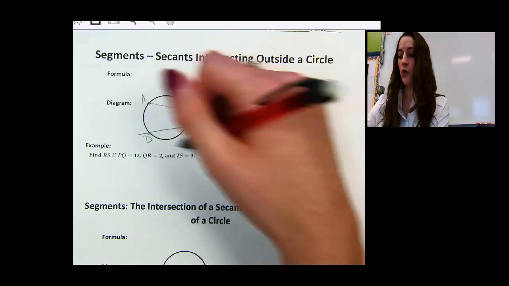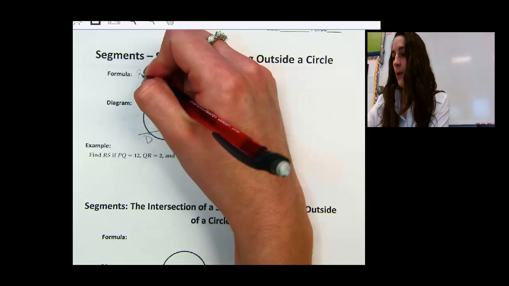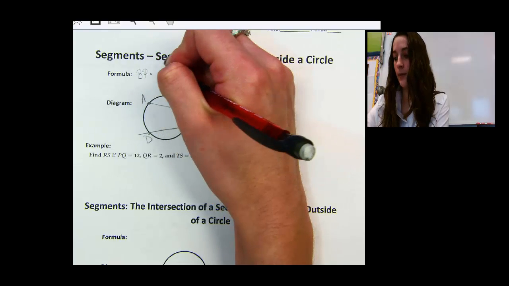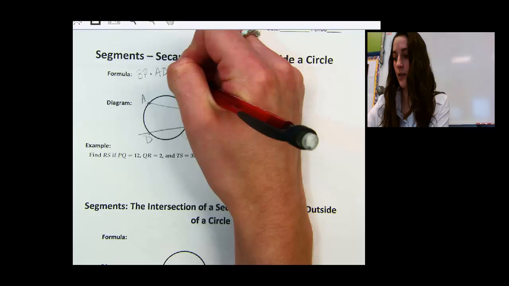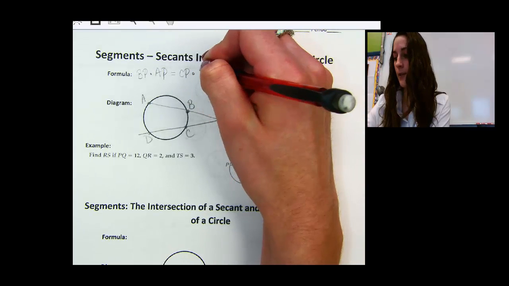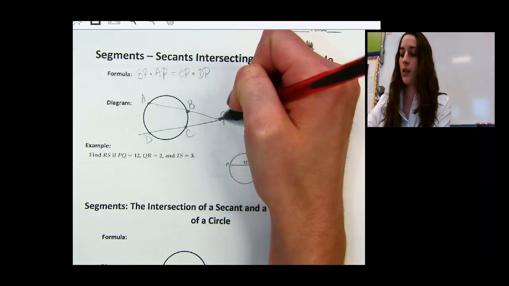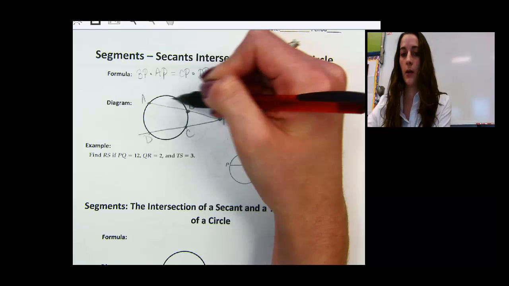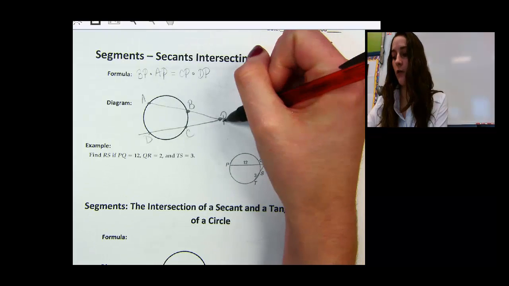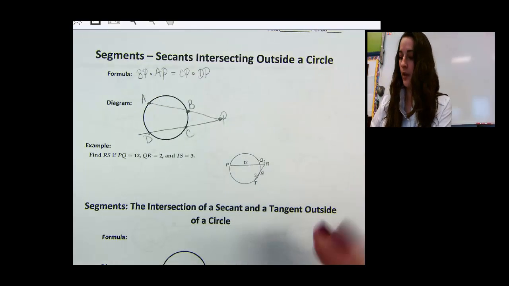So using this diagram, it would look like BP times AP is equal to CP times DP. So again, it's the length of the exterior times the length of the whole segment is equal to the length of the other segment exterior times the length of the whole segment.